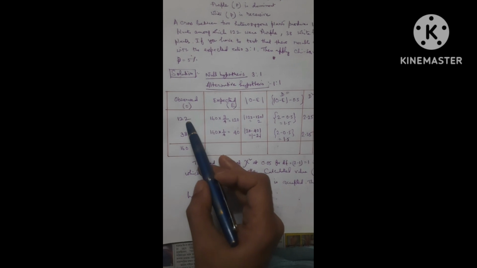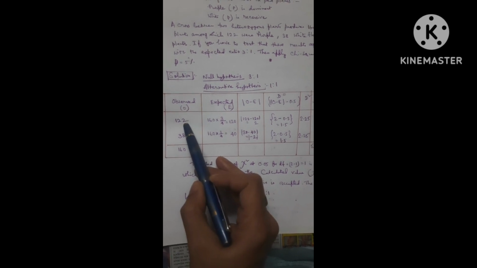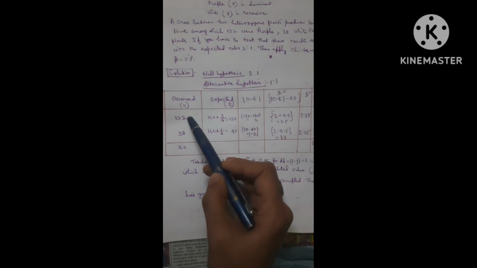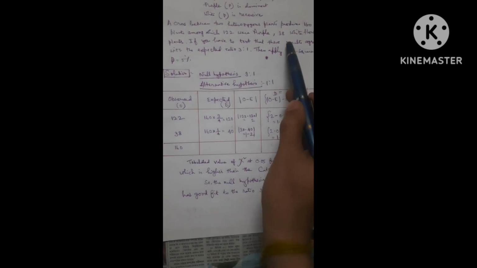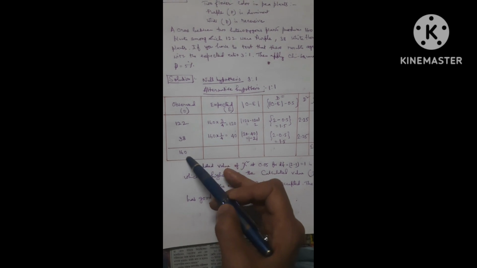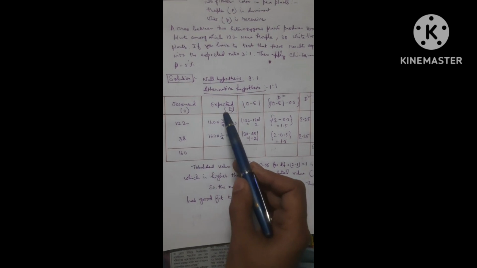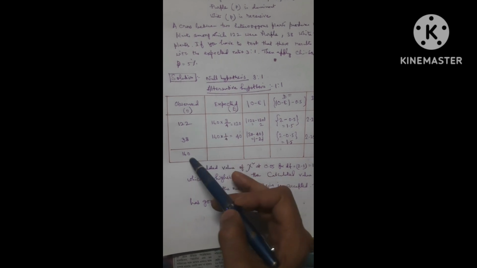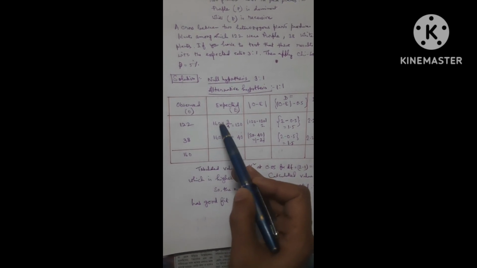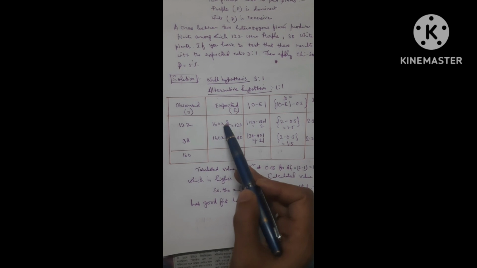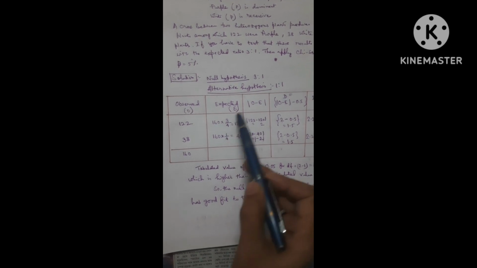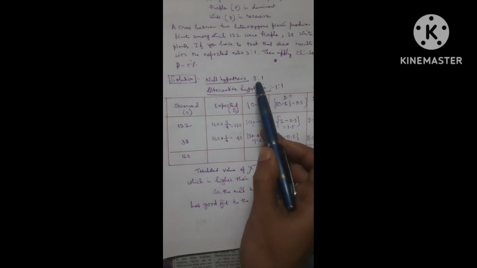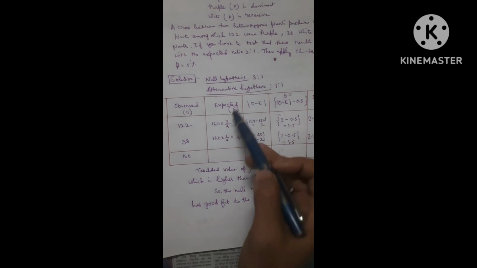So first, the observed values: 122 purple flowers were found and 38 white flowers were found, total 160. How can you calculate the expected values? Total is 160 into 3 by 4. How can you get this 4? 3 plus 1, this is 4. Simple.